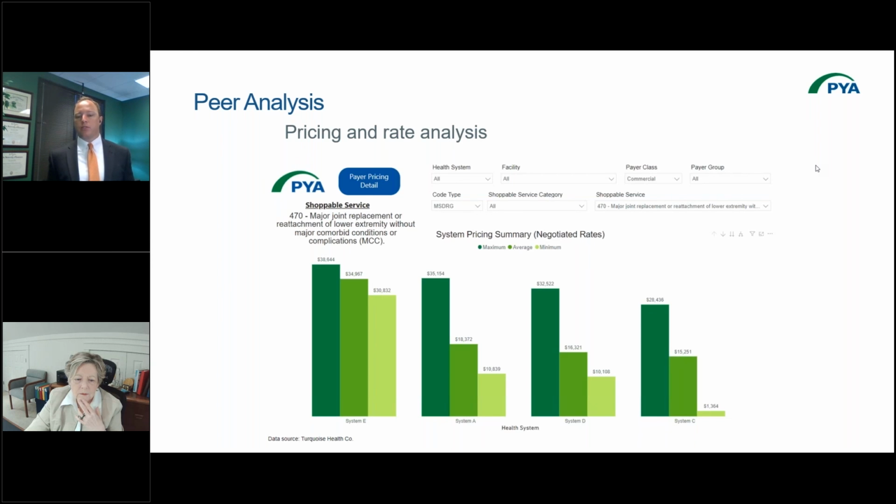So for instance, for Blue Cross Blue Shield, we could compare reimbursement for a specific service. So we could select the service and then see how a specific system compares in terms of the reimbursement that's contracted compared to other peer groups that are selected in the dashboard.